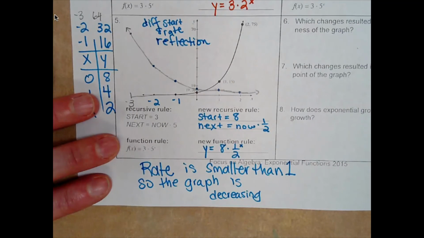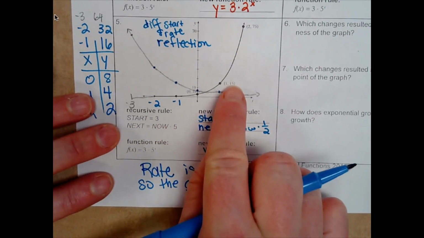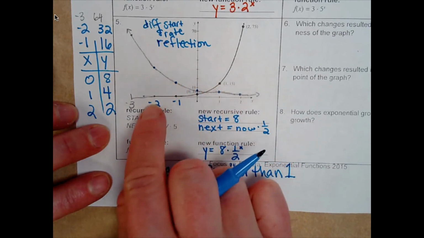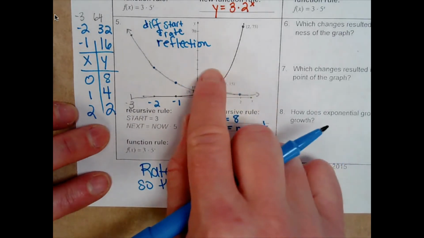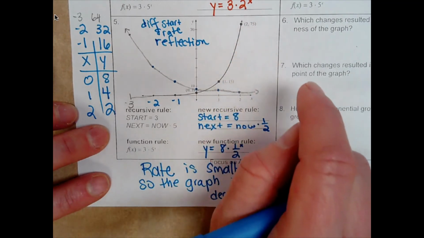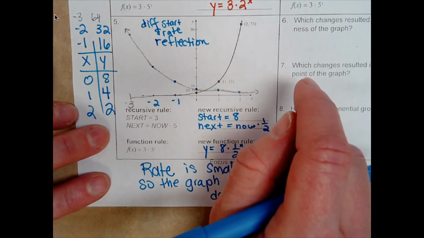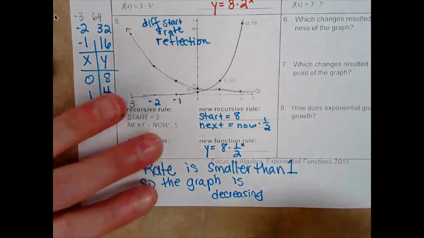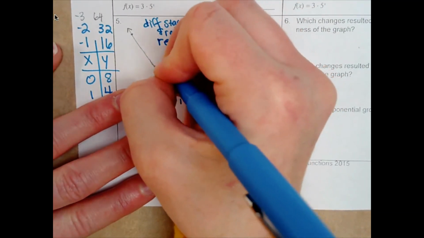It's reflected, and comparing the two, I'd say it's more of a compression than a stretch. It's pushed down rather than pulled up. It increases or decreases slower. So, compression.